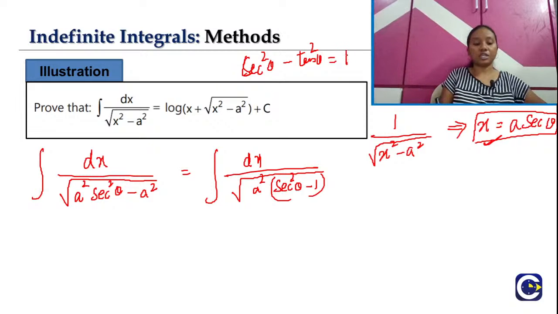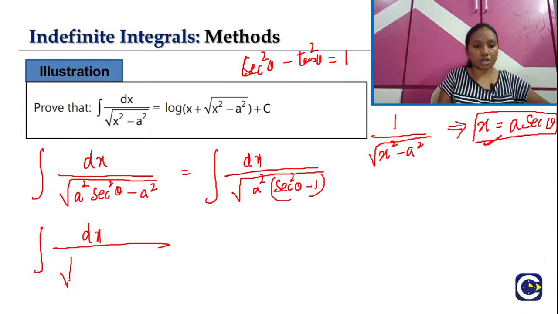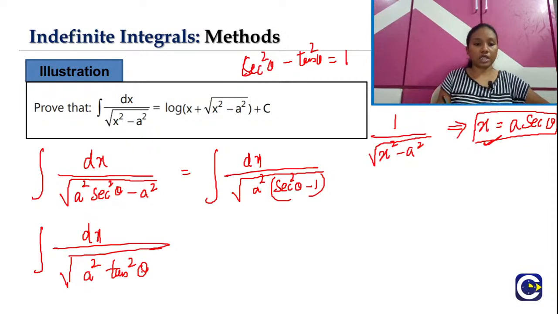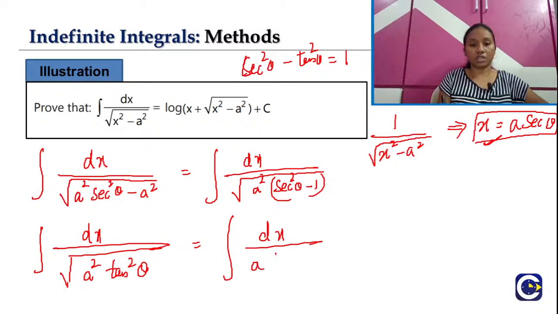So from here, secant square theta minus 1 can be written as tan square theta. So the integration of dx by under root a square tan square theta. Right. So here, if I take a square tan square theta common, then it will become dx by a tan theta.